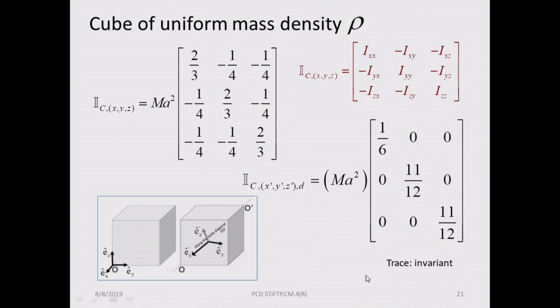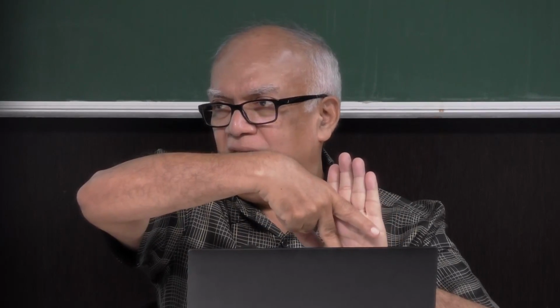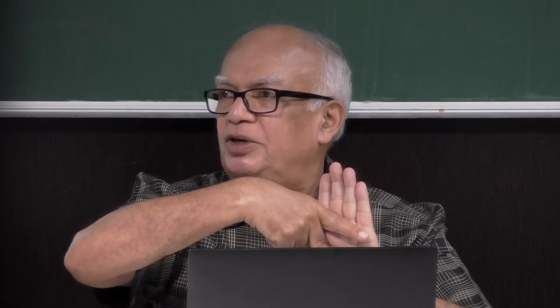Okay, so one of them will be along the body diagonal, OO prime in this figure, and the other two axes will be orthogonal to that, in the plane orthogonal to it, but in that plane they can be anywhere. Okay, so it doesn't matter because they are completely equivalent to each other.